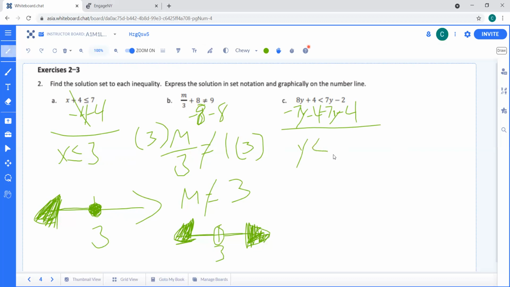So that would be -6. All right. There's my notation. Let's do -6. So it's got to be not including. So it's just an open circle. The only time you do a closed circle is if it's or equal to. This is not or equal to.